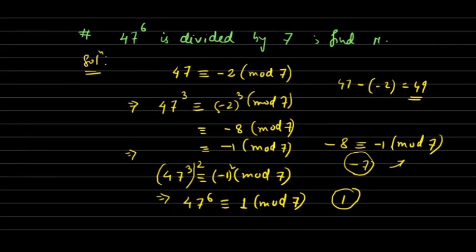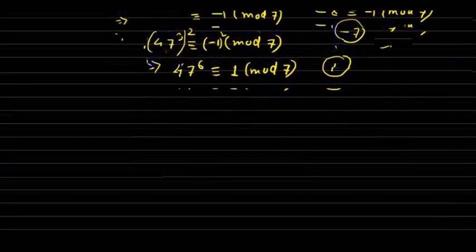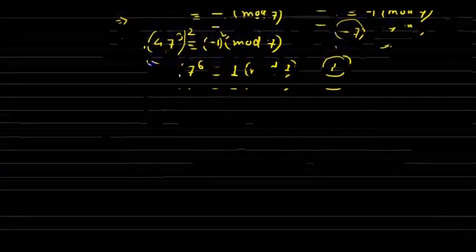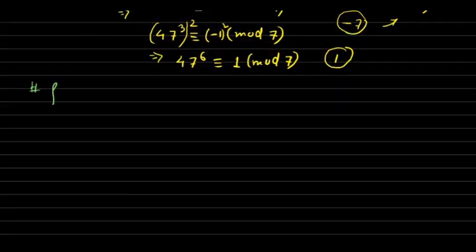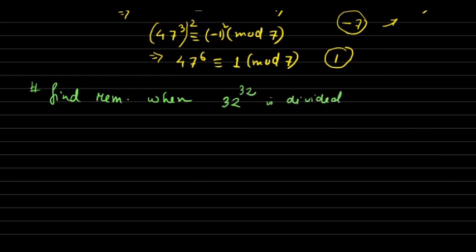So let's take another example. Let's take a huge number: find the remainder when 32 to the power 32 is divided by 7.